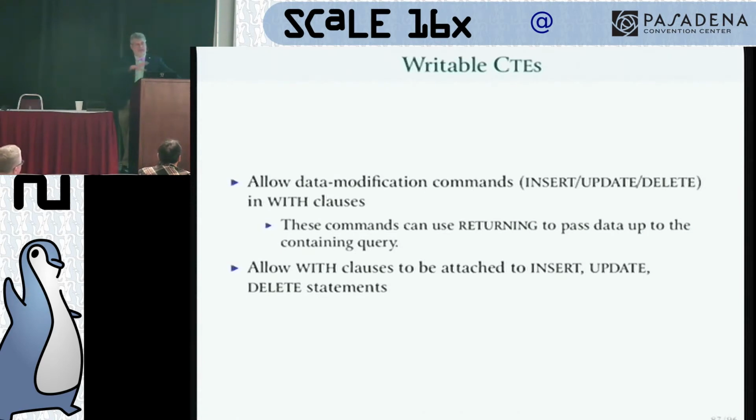With a select at the bottom. So the main query is a select, but inside that common table expression is an insert, update, or delete with a returning clause, which I'll tell you about in a minute. That's bullet 1. Bullet 2 allows WITH clauses to be attached to insert, update, delete statements.